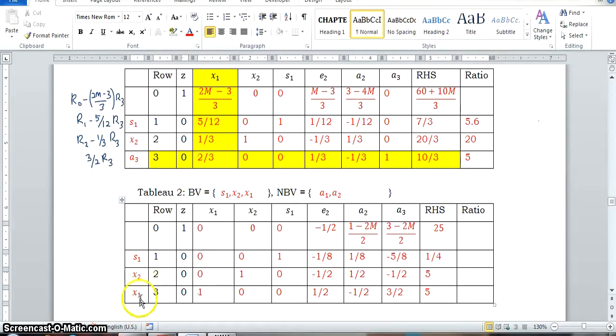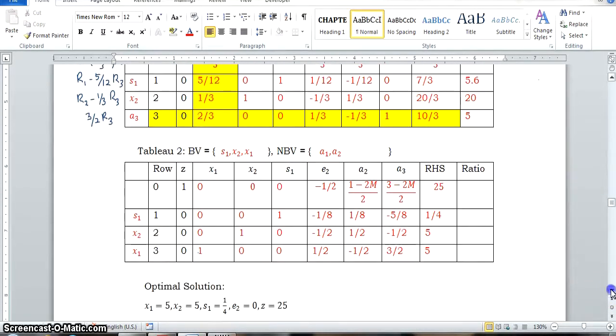Same goes for x1 and x2. Also in this tableau, all artificial variables are equal to 0 because they are non-basic variables. Therefore, we have found the optimal solution to this problem.